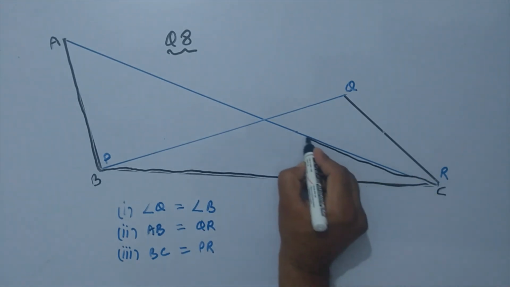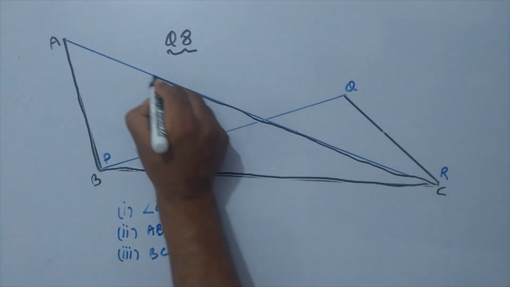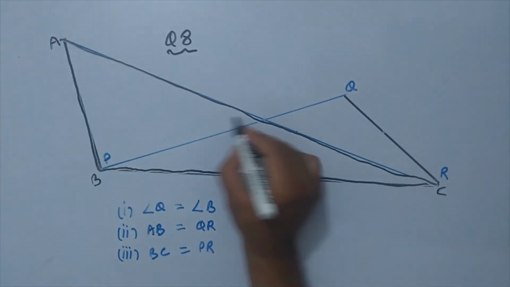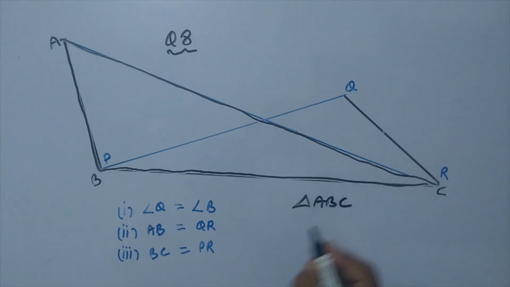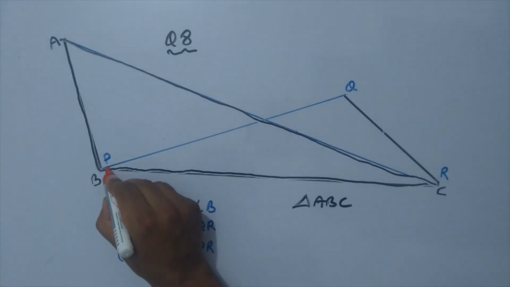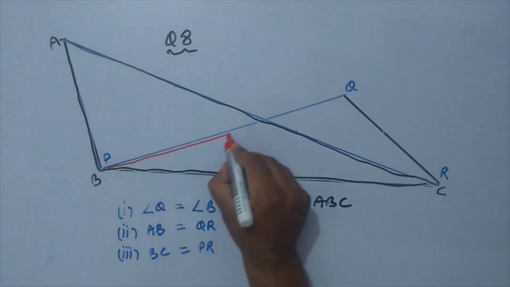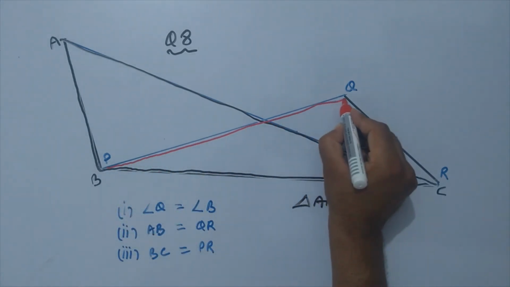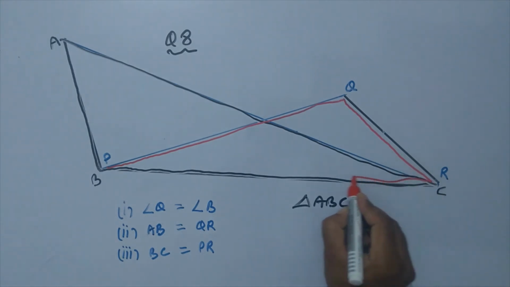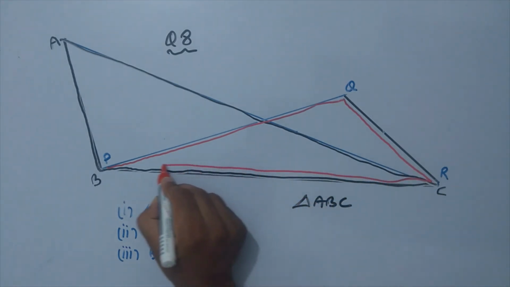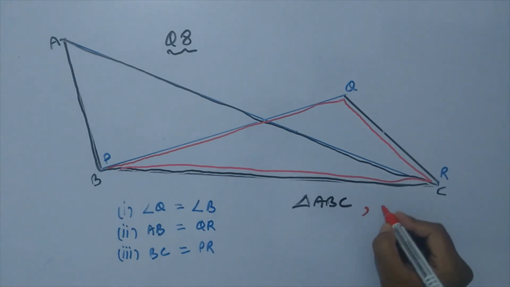This is the first triangle ABC, and the second triangle is PQR.